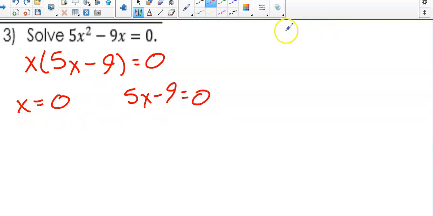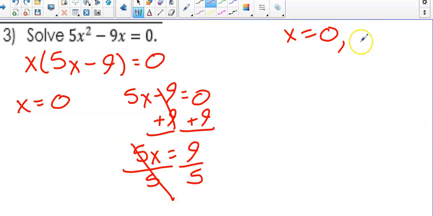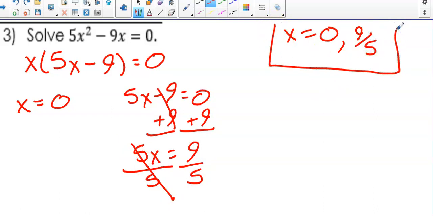Okay, x equals 0, there's nothing that we have to solve there. 5x minus 9, we add 9 to both sides. And then divide by 5. So x equals 9/5. Again, we can go back and plug those in just to check our answers and make sure that it gives us a true equation for each one.